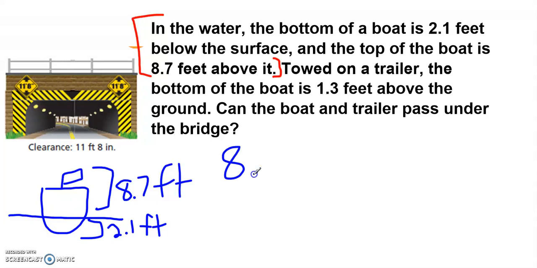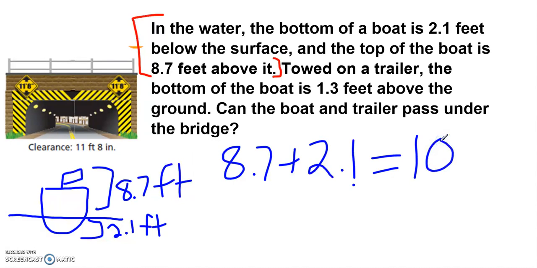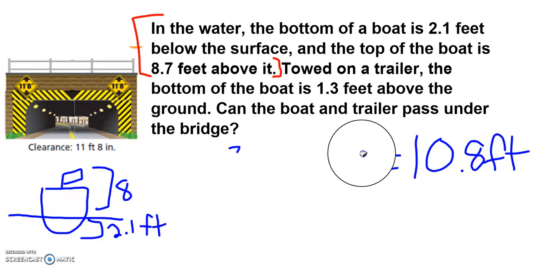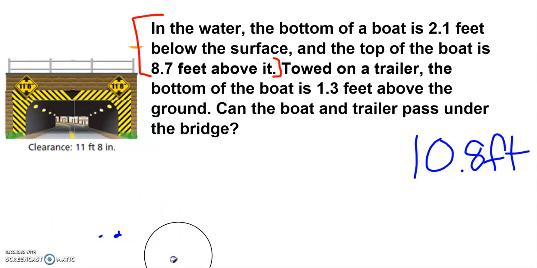So if I do 8.7 plus 2.1, since these are both positive and everything is nice, I'm just going to add them. I'm going to get that the boat together with the underneath the surface and above the surface is 10.8 feet. So the whole boat itself is 10.8 feet. Okay, I'm going to erase this.